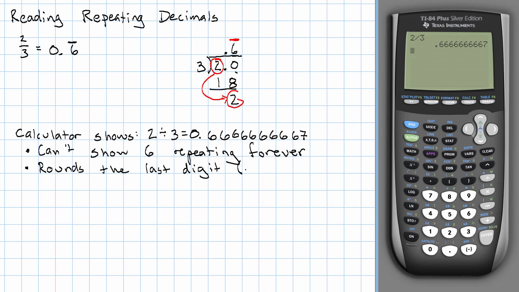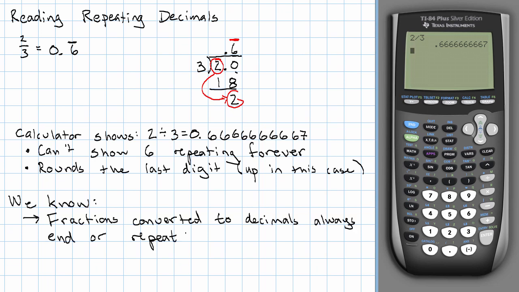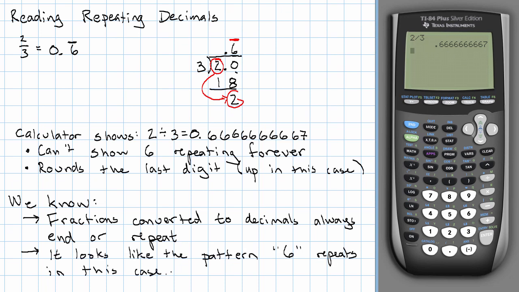And in this case, the calculator rounded up, because of course the next digit is another 6. But we know, because we're smarter than a computer, that fractions converted to decimals always either end or repeat. And we know, looking at this, that it certainly looks like the pattern, just the digit 6 over and over again, is what's repeating in this case.